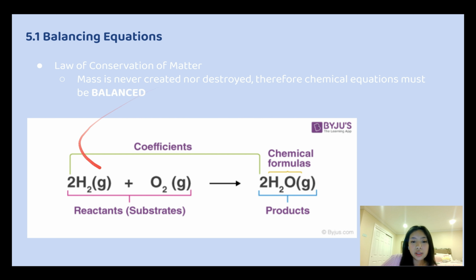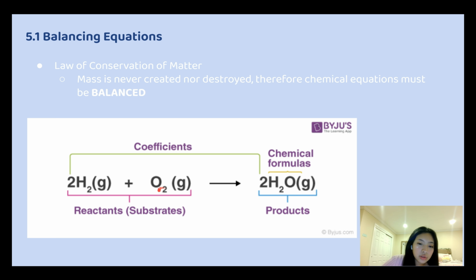All right, so let's look at this diagram. The coefficients are the numbers that go in front of the whole molecule. The coefficient will tell you how many of each molecule there are. And then this small number here is the subscript. The subscript will tell you how many of each element there is. So this tells you that there's 2 hydrogens.